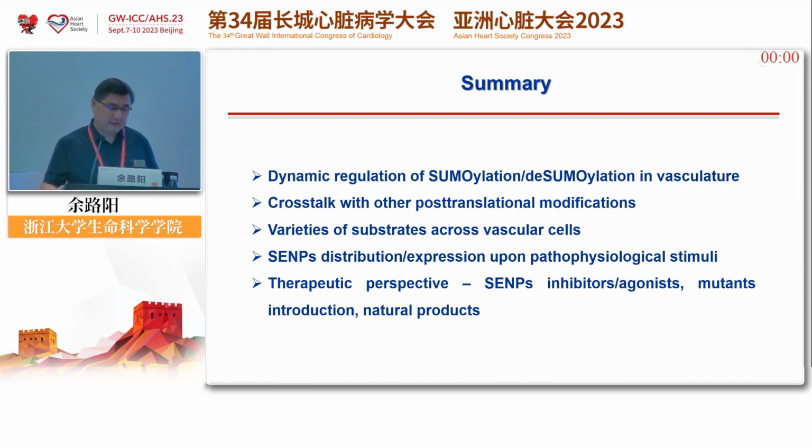This is mainly because of the different performance of the SENPs, either for the distribution and expression upon different stimuli. And from the therapeutic perspective, we think that SENP inhibitors or agonists, and also some mutants, and some natural products like those from ginseng can affect some specific SUMOylation.